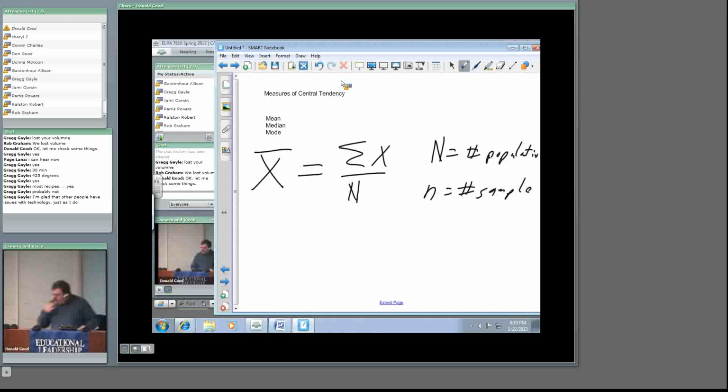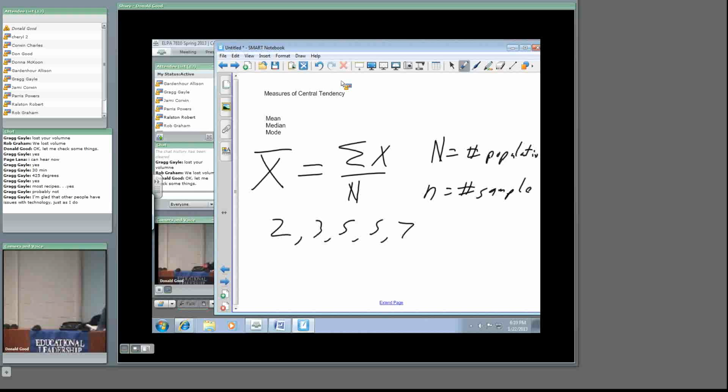Now, the median, let's say I've got the numbers 2, 3, 5, 5, and 7, and those are in order. So the median, it's just like, median sounds like middle, that's exactly what it is. It's the middle number.